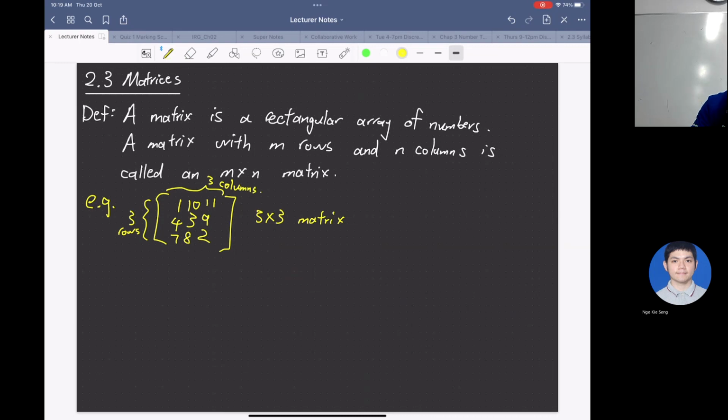Okay, so one kind of matrix that is interesting to study is the square matrix. A square matrix is an n by n matrix.